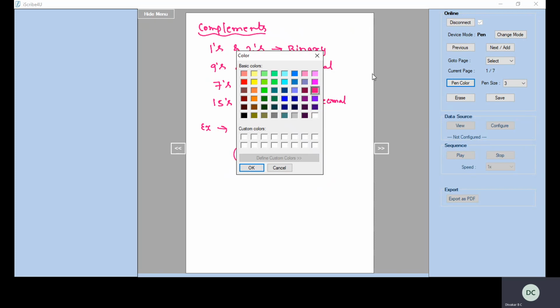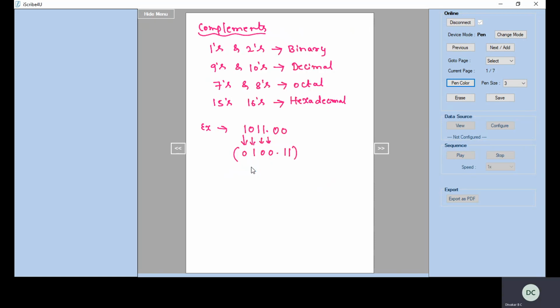The twos complement of a number can be obtained by adding 1 to the ones complement. Let us take the same example. The ones complement of the number is 0100.11. You are going to add plus 1 to obtain the twos complement. So 1 plus 1, 0 with a carry of 1, 1 plus 1, 0, carry of 1.